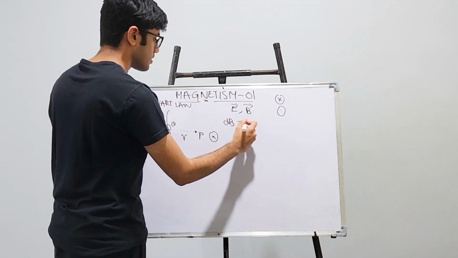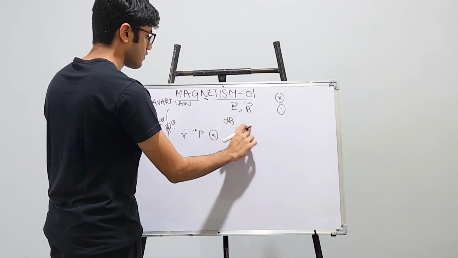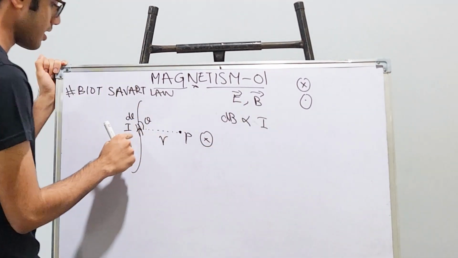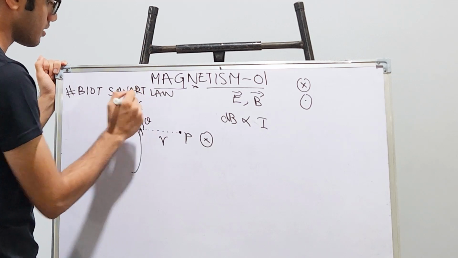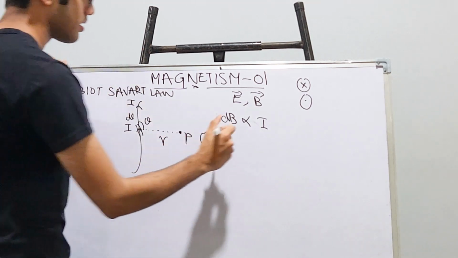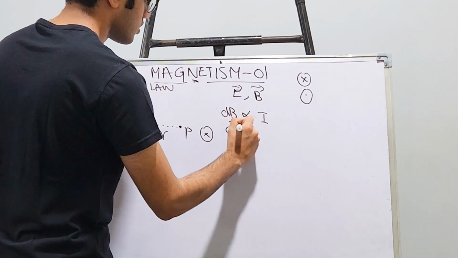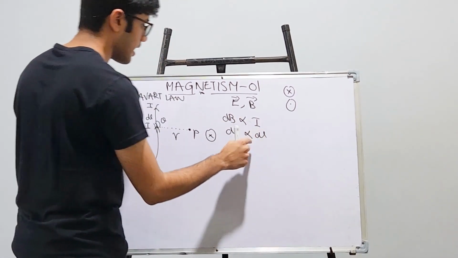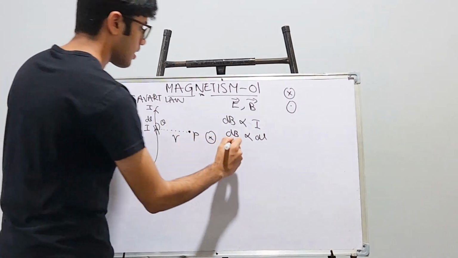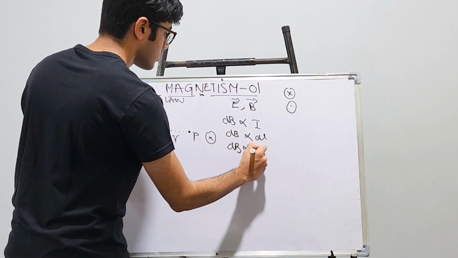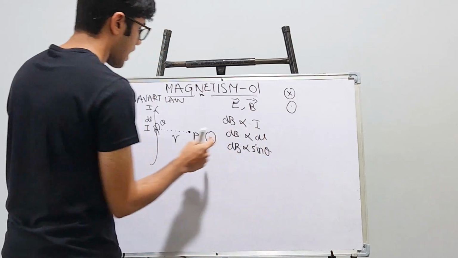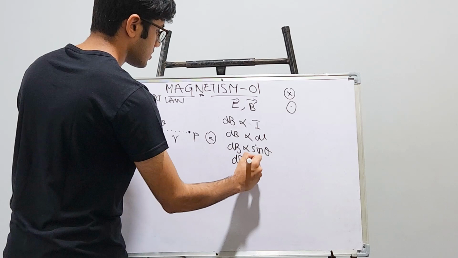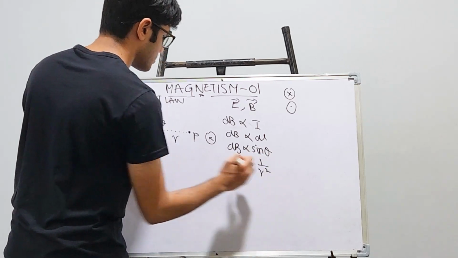From Biot-Savart's law, we know that dB is proportional to this current I, which is flowing in this direction. dB is proportional to dl, and dB is proportional to sine of the angle, this sine theta, and dB is inversely proportional to 1 over r squared.